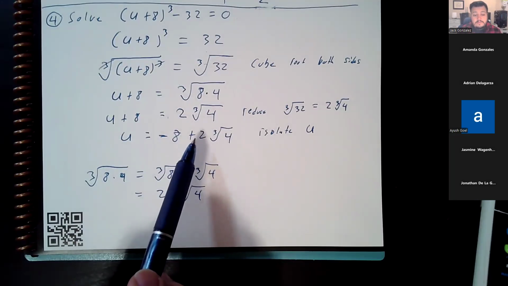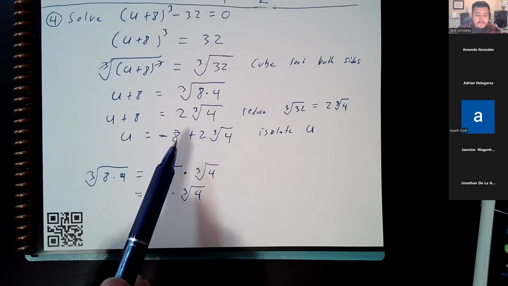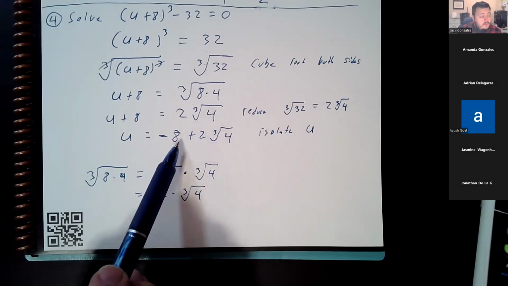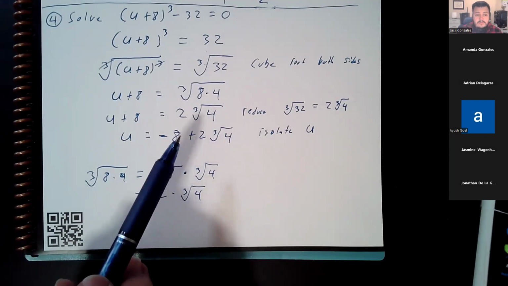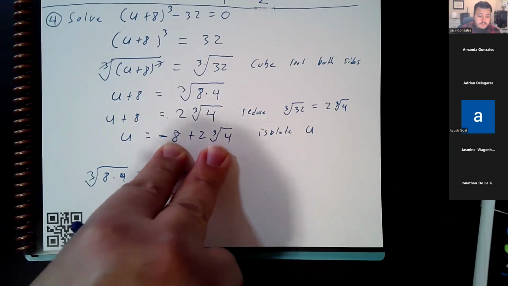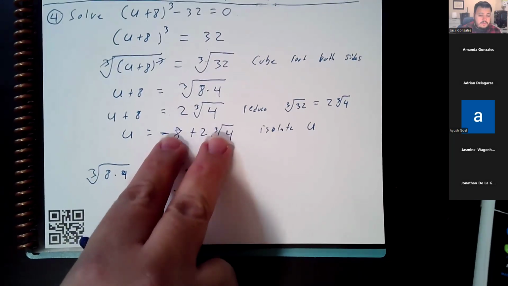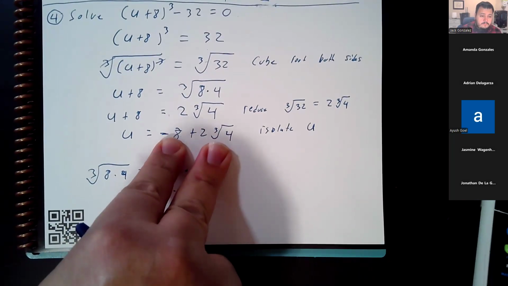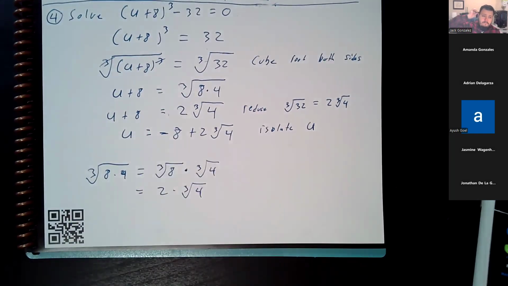I don't know what it is, but you get some number. But the exact answer is this. If the question does not mention rounding, then you need to enter this. If the question says round to the nearest whatever, then just plug this into your calculator and do so. Okay? Any other questions on 4?